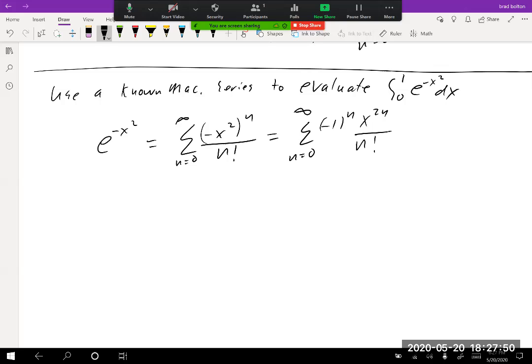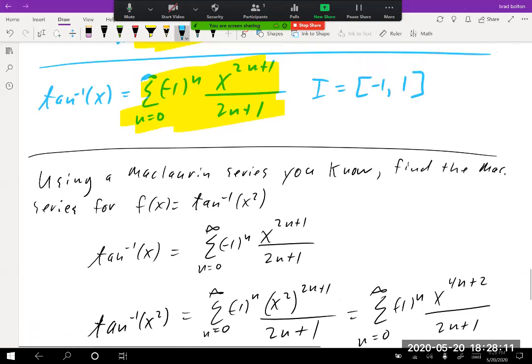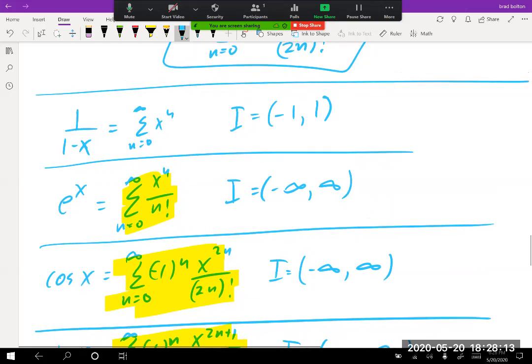And I got that information using this fact. This fact gave me that. I know that's true, x to the n over n factorial. We just proved it, we found it, but here's the formula for it.